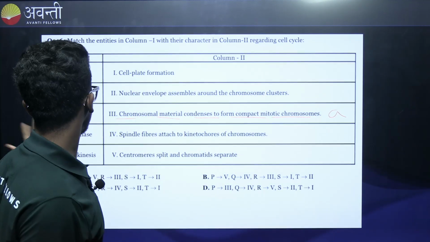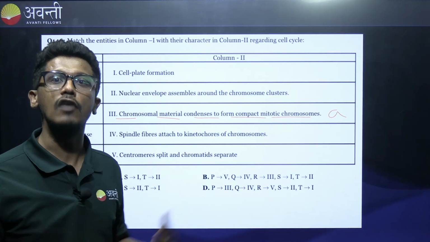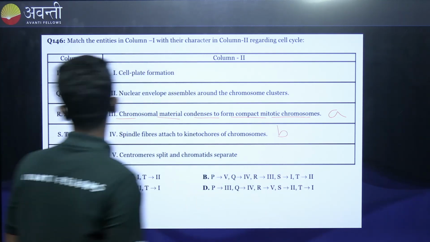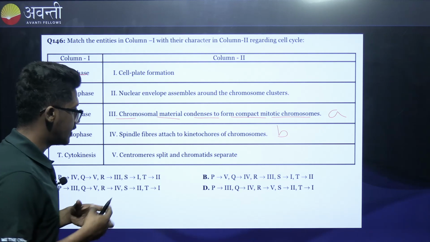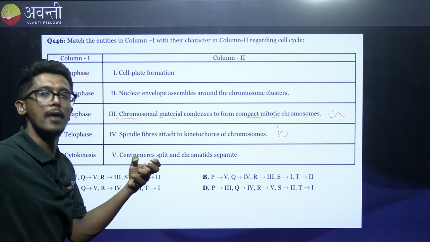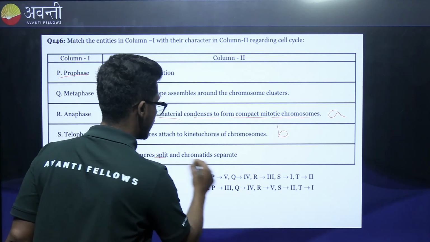Now what is metaphase? The spindle formation is successfully done and the spindle fibers attach to the kinetochores. So I'll write it as B. Next one is your anaphase. What happens? These attached chromosomes start moving apart from each other, where the centromeres start splitting and the chromatids start separating.